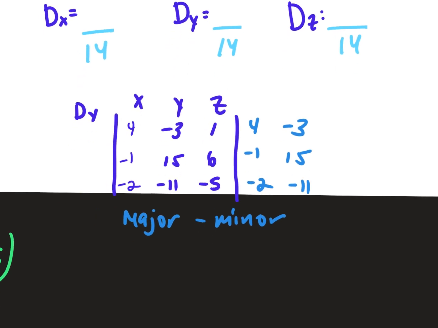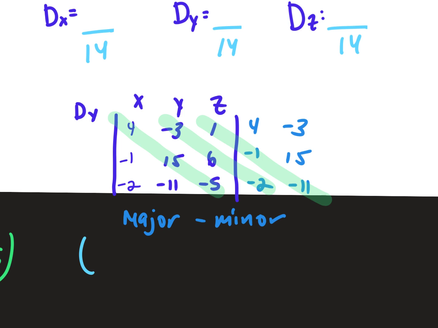So let's find our majors. Majors are top left to bottom right. All right, now let's make sure our math is correct. I'm multiplying 4 times 15 times -5.